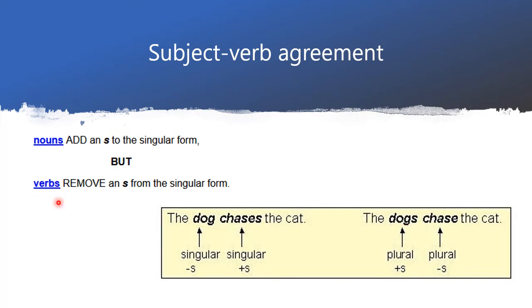So for verbs, you have to remove the s from the singular form. So let's say the dog chases the cat. This is singular, where you have es. Okay, so this one, the dogs, plural, chase, no s, the cat.